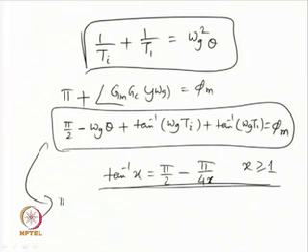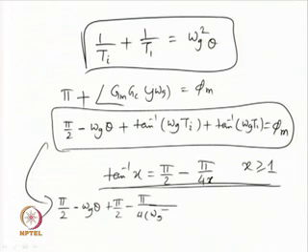the expression for the phase margin as pi by 2 minus omega_g theta plus pi by 2 minus pi by 4 times omega_g T_I plus pi by 2 minus pi by 4 omega_g T_1 is equal to phi_m.